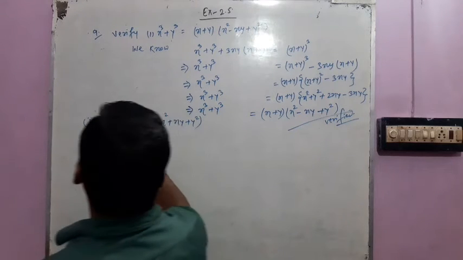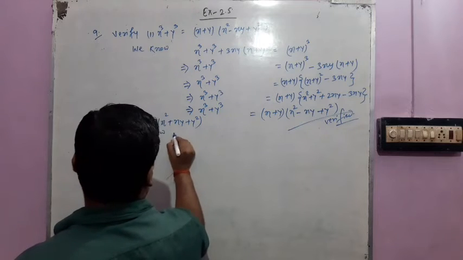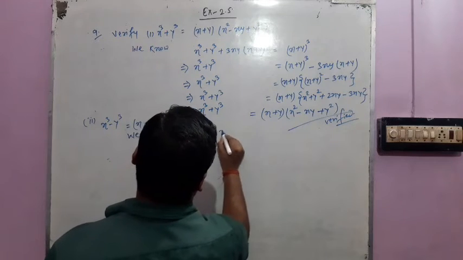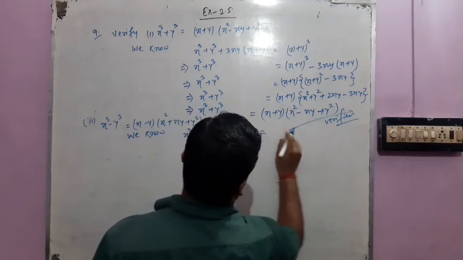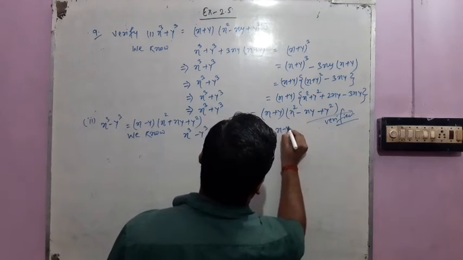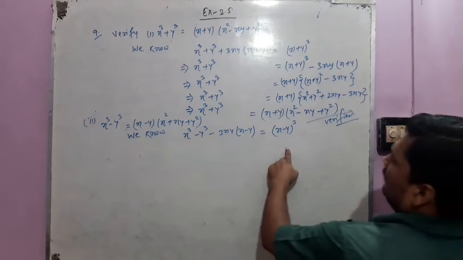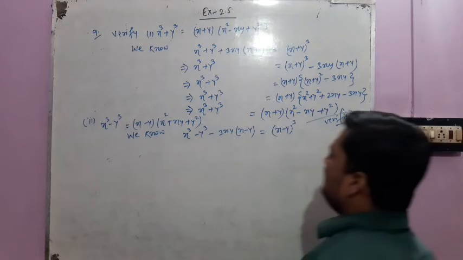Okay, so we know, students, here that x cube minus y cube minus 3xy into (x minus y) is equal to the whole cube of (x minus y).